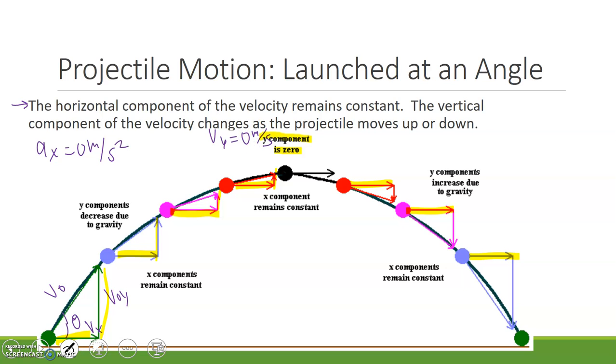It's important to note that at the top, the object is still moving because it has a horizontal component of the velocity. It has only stopped moving vertically, so it can come back down.